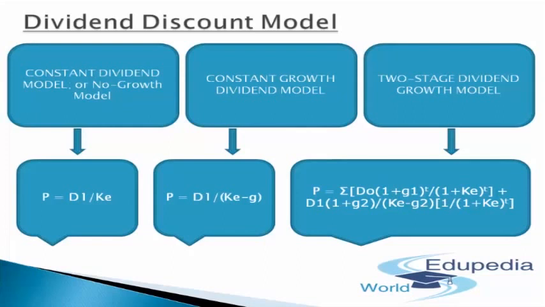So I guess you guys got complete clarity as to how this dividend discount model works: what's the constant dividend model, what's the constant growth dividend model, and what's the two-stage dividend growth model or variable stage growth model. We'll be studying this in more depth as well. I have provided you with immense clarity as to how this is likely to move forward.